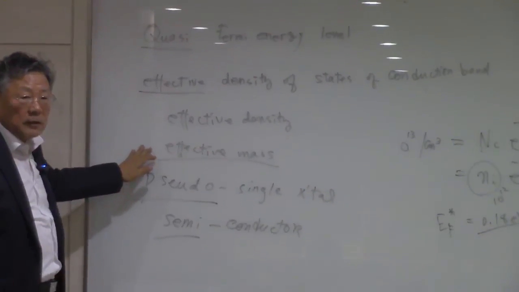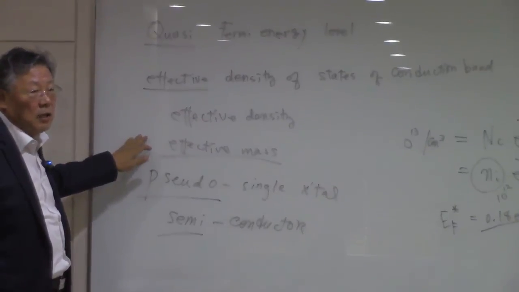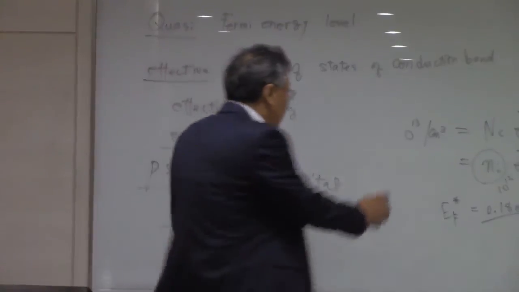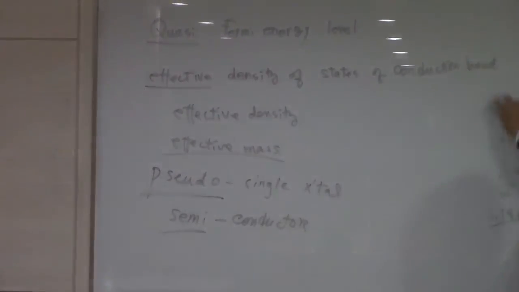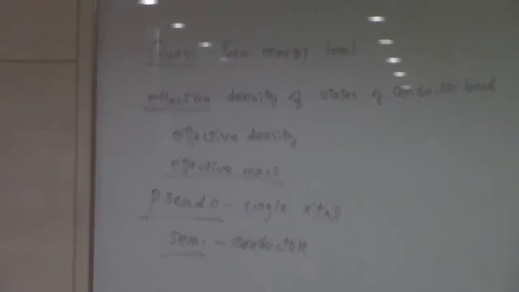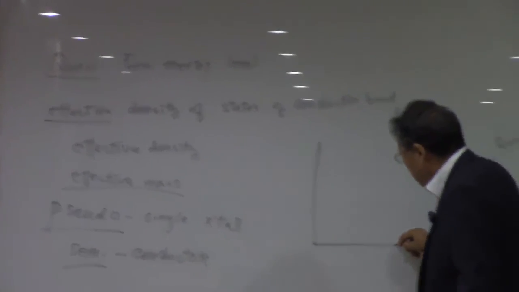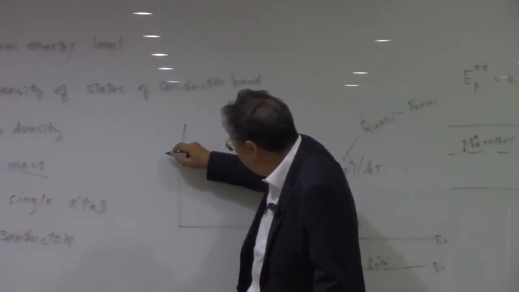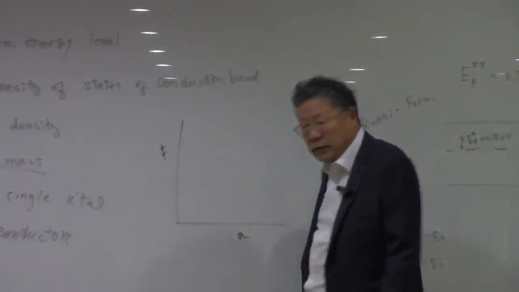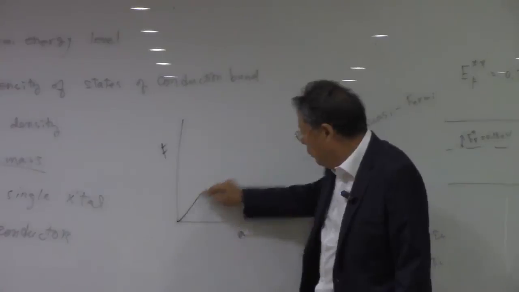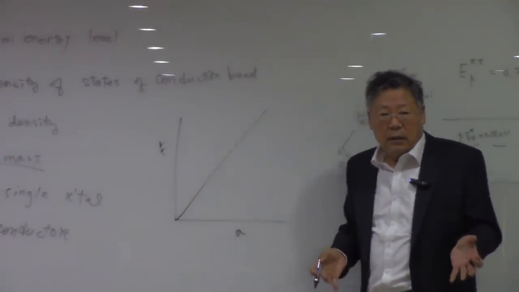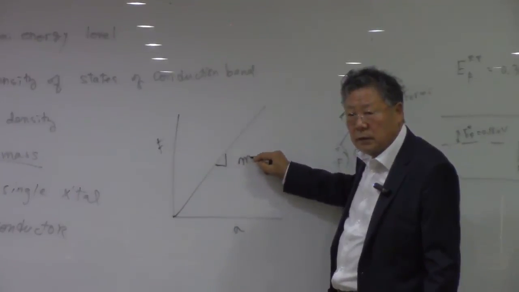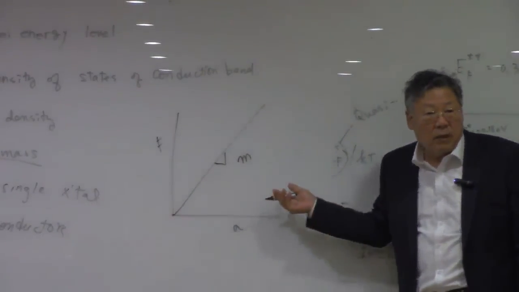What is effective mass? We cannot measure the mass, but if you plot the force and acceleration, then you are going to have a straight line. And that slope corresponds to what? Mass. We call that effective mass.